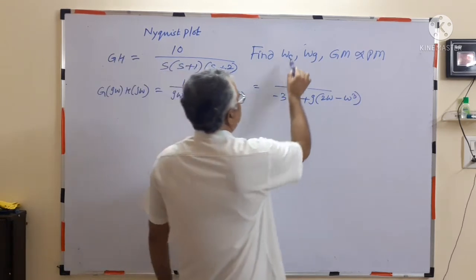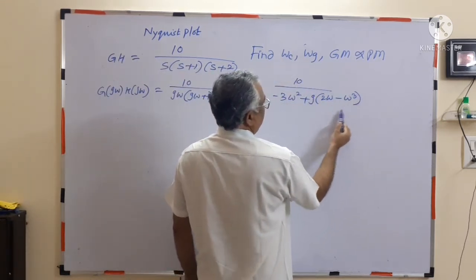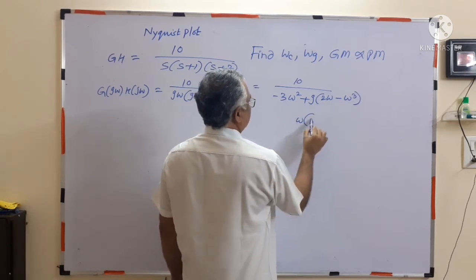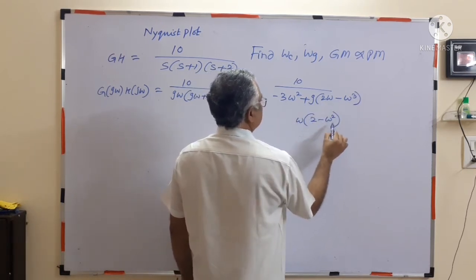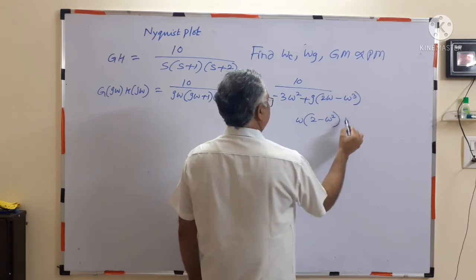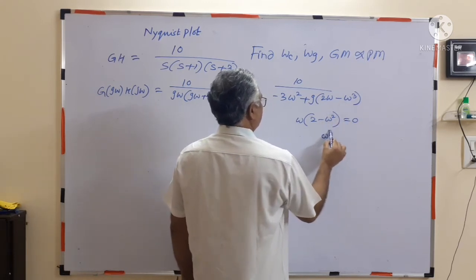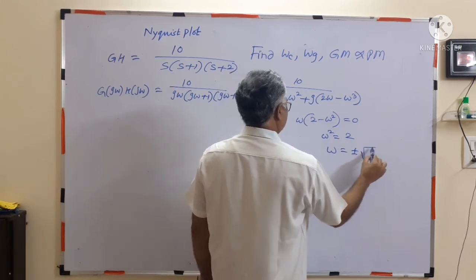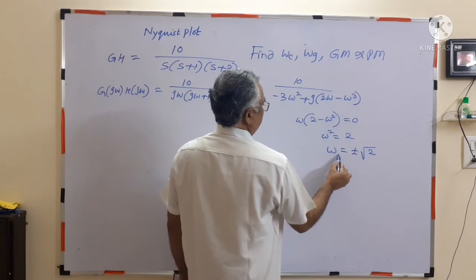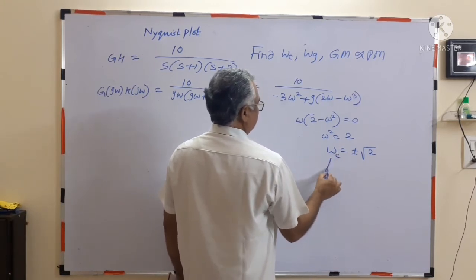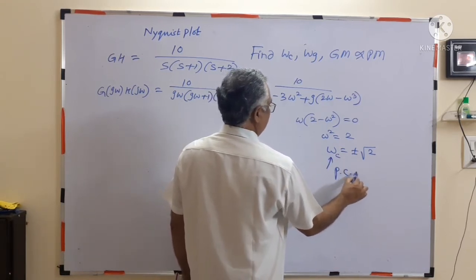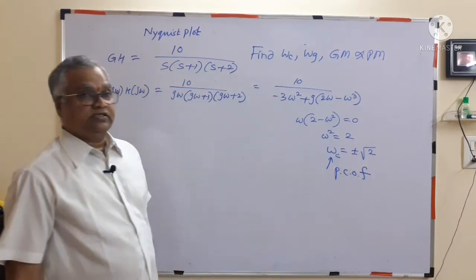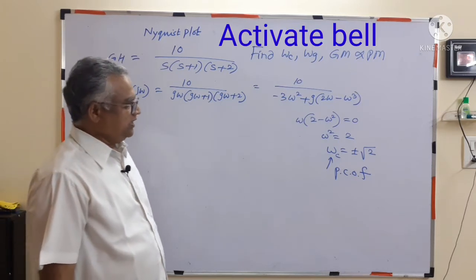What is omega c? It is the frequency at which imaginary part is 0. So that means omega common, 2 minus omega c omega square equal to 0. Omega square is 2, omega equal to plus or minus root 2. This omega is omega c, the phase crossover frequency.